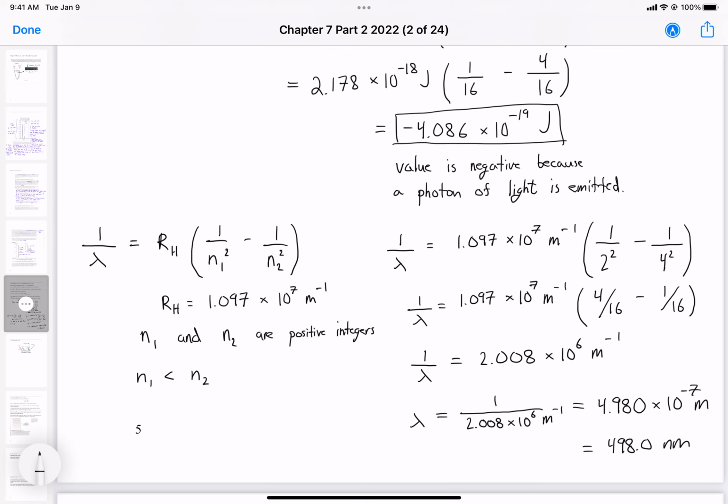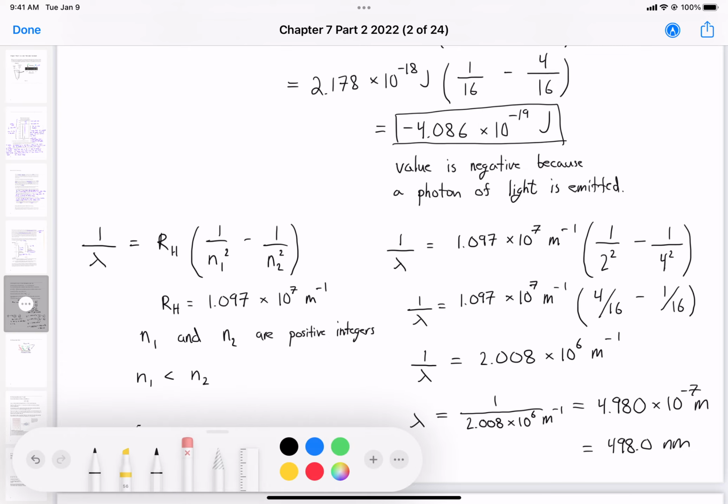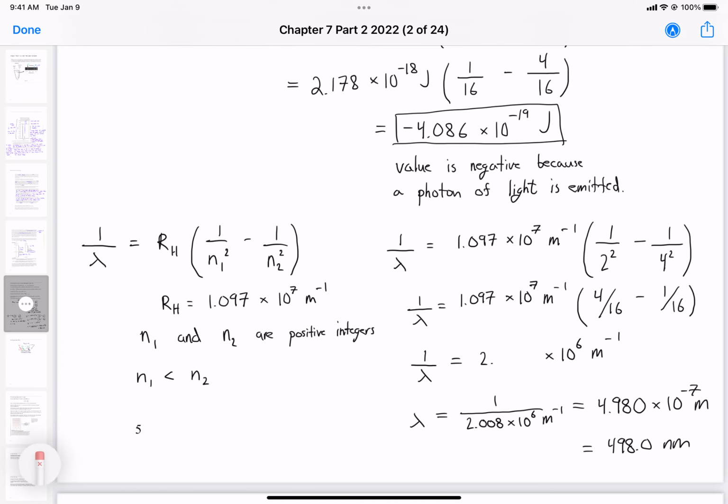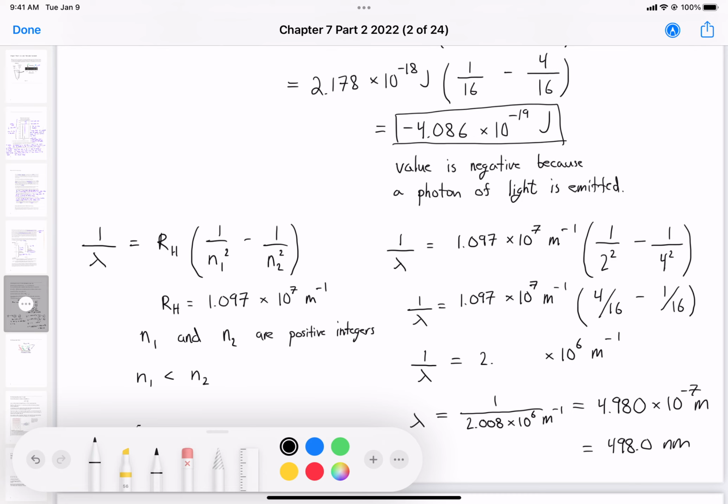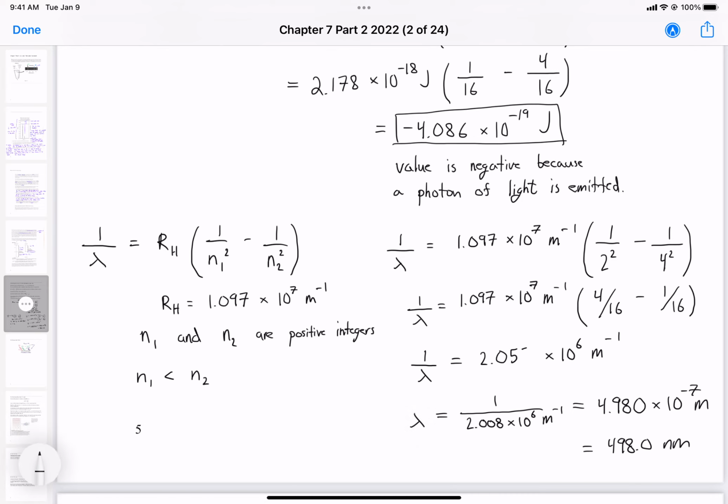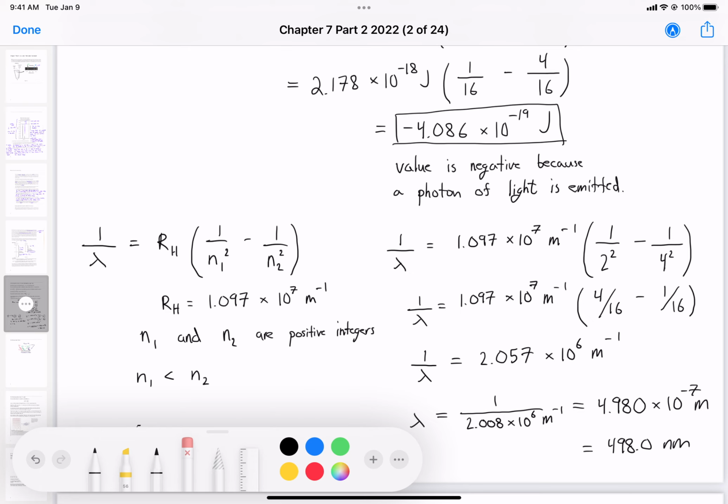Okay. Now if we do our calculations here, 1.097 times e to the 7 times 3 over 16. Okay, so our value should actually be 2.057. Okay, and that should be 2.057.